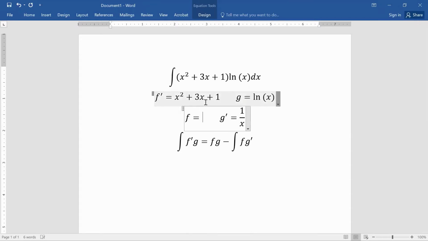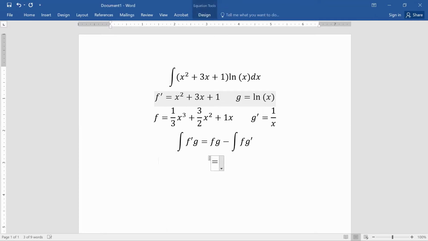If I take the antiderivative of that polynomial, I get 1/3 x to the third plus 3/2 x squared plus 1x plus any constant that we want, but we'll use a constant of 0 to make our lives easier.